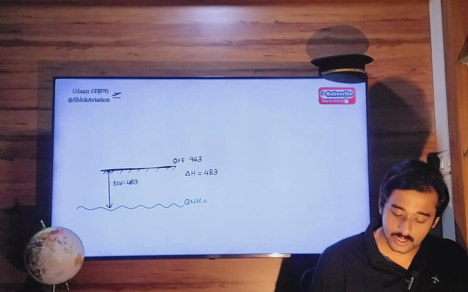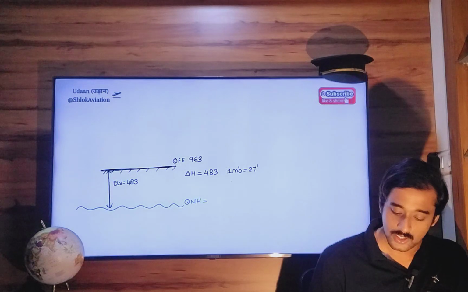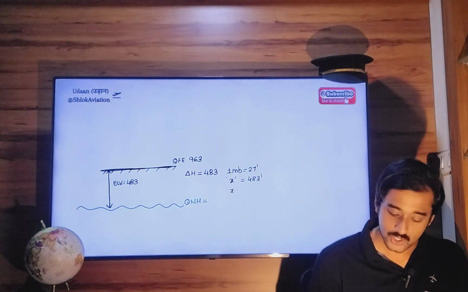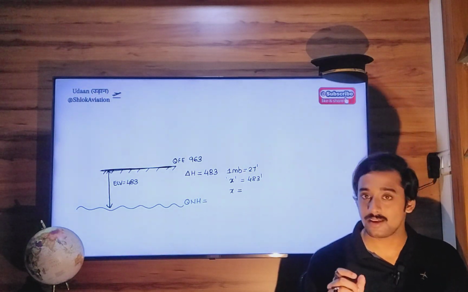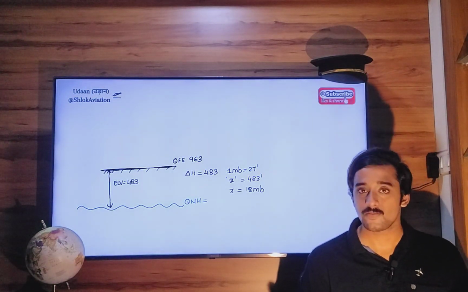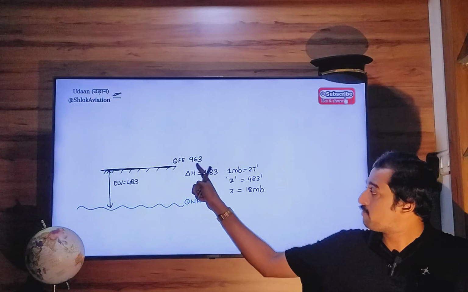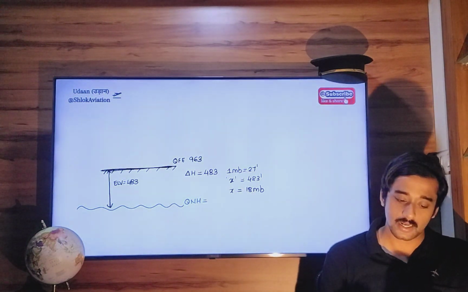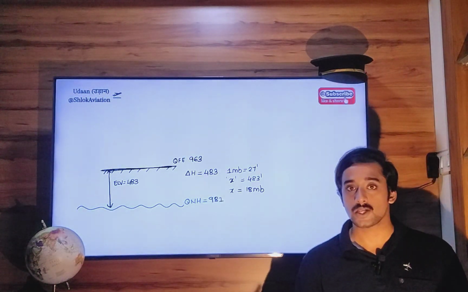Now we know that 1 millibar equals 27 feet of height difference. So how many millibars will be equal to 483 feet? It will be 483 divided by 27, that is approximately 18 millibars. So the QNH pressure will be equal to 963 plus 18, that is 981 millibars.